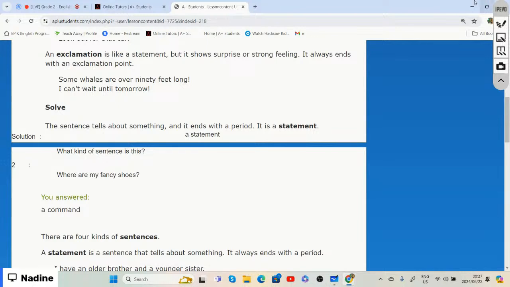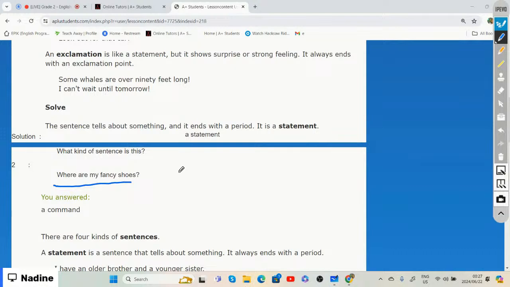All right, so where are my fancy shoes? We can say this is a question, and there we have a question mark at the end of the question, which means that this type of sentence is a question. Especially if you're asking, where are my fancy shoes? You're asking a question, which means that it is a question.